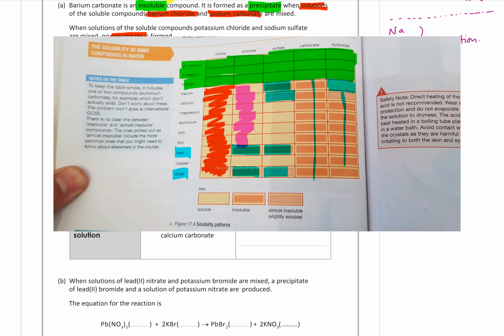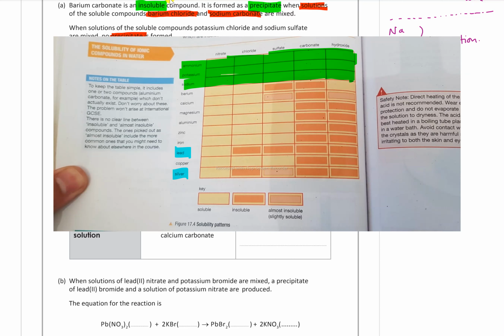Let's try to see if we can picture it in a better way. What if you did this in your head? So all these are soluble.